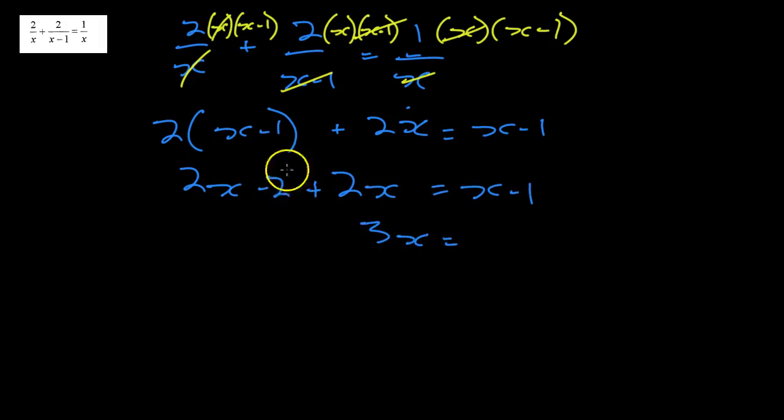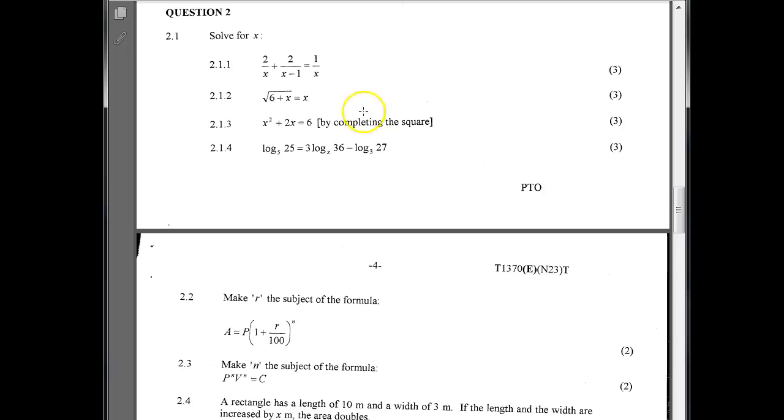Negative 1 plus 2 is 1, so x is a third. Okay, we're done for this question. Let's have a look at the next one.